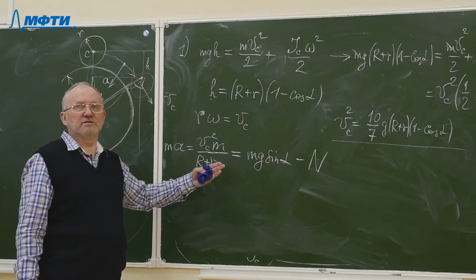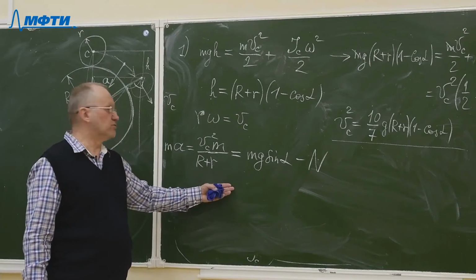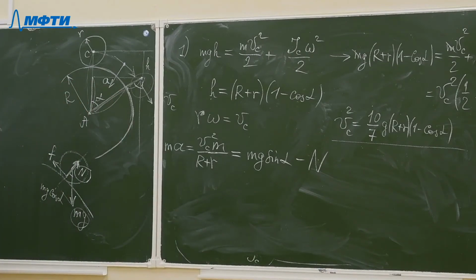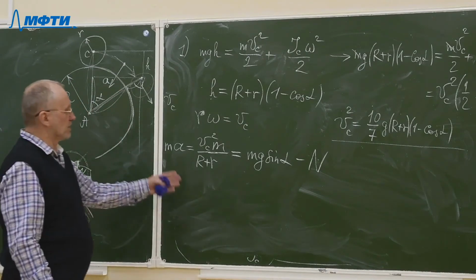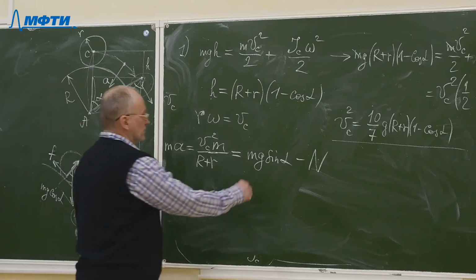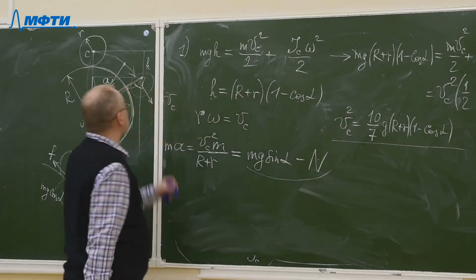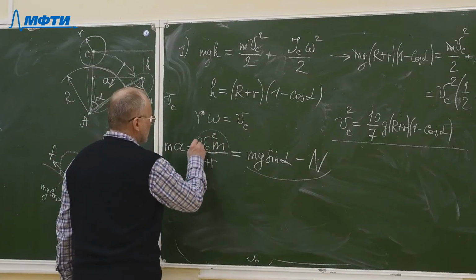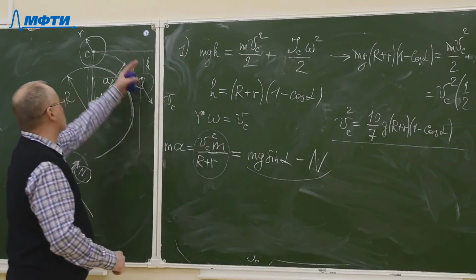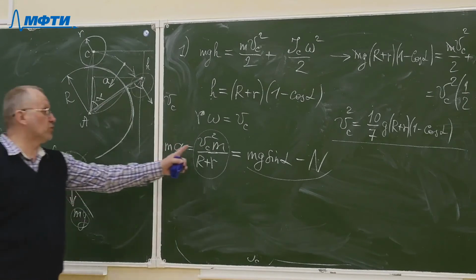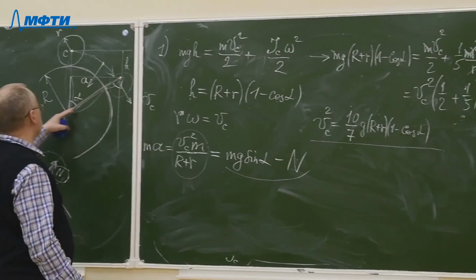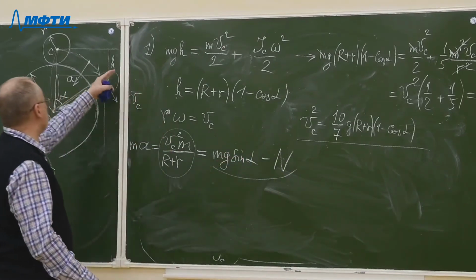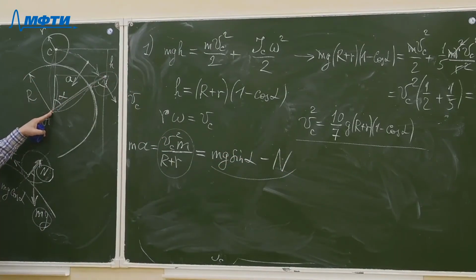We discussed it during the previous solution, that's why I'm introducing it so quickly. You should understand that the total component of the force in any direction will be equal to mass times the component of acceleration along this direction. This is not the total acceleration, this is just the acceleration directed at point A. And this is the total force again directed at point A.